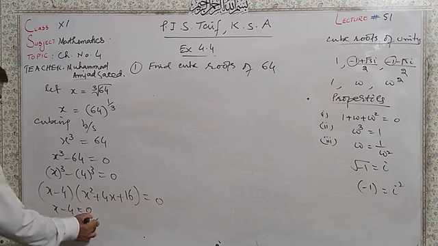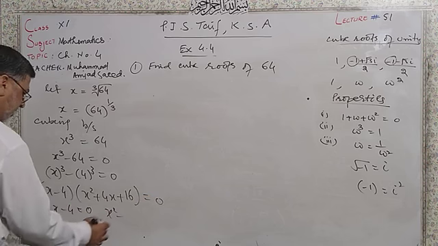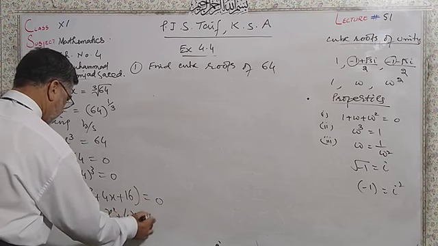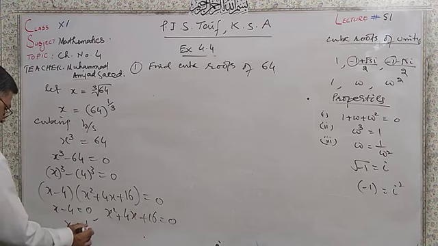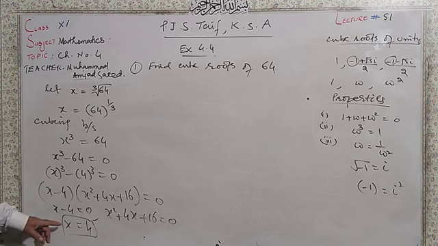x - 4 is equal to 0, x² + 4x + 16 is equal to 0. Here we have x is equal to 4. Dear students, we have one root as 4.